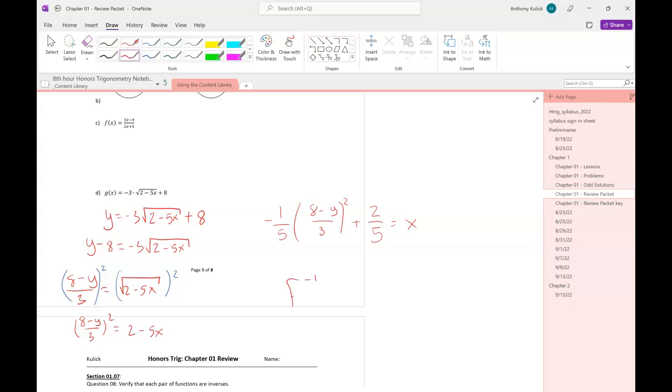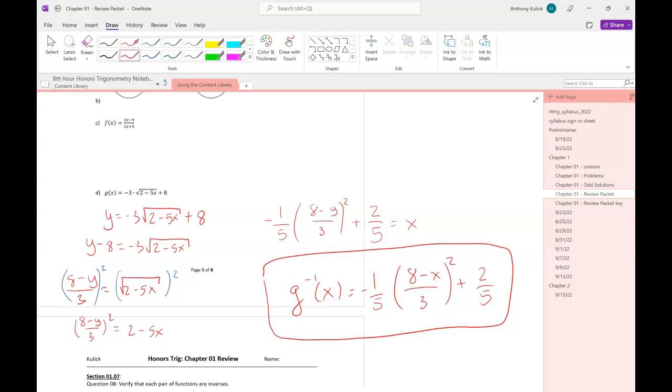So when we flip it and write, oops, it's G now. We got this stuff. Sure, you're welcome, Tessa. I am, but I did this one in the review packet like a dummy.